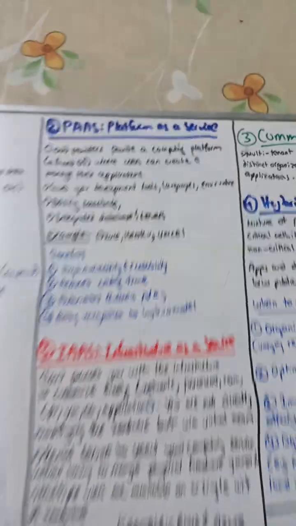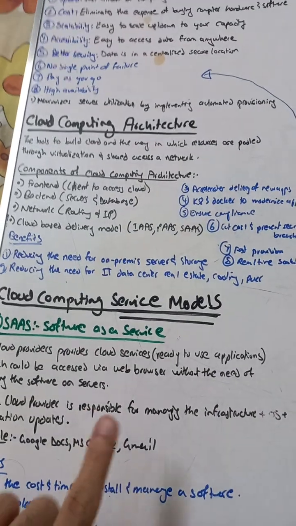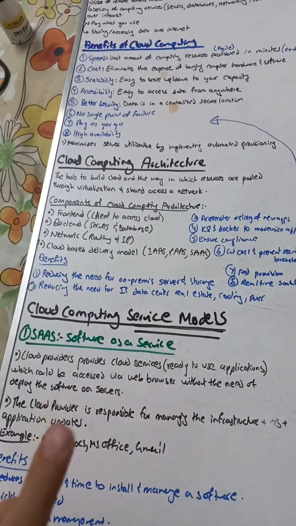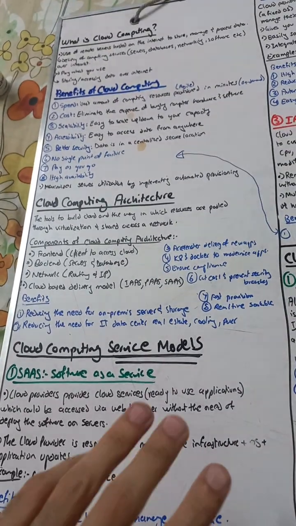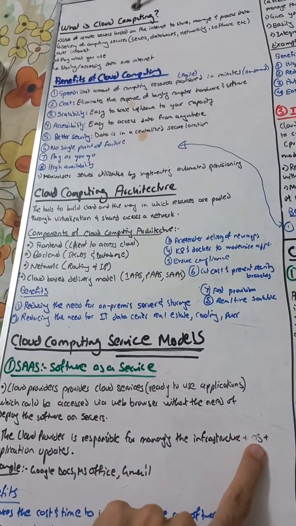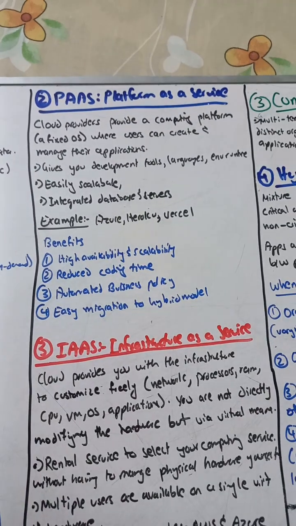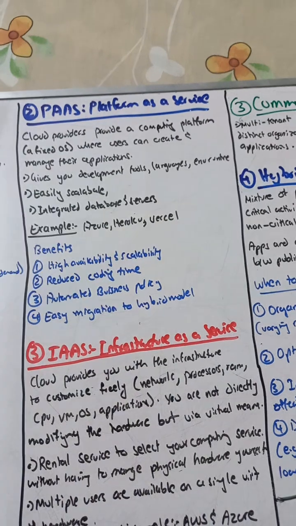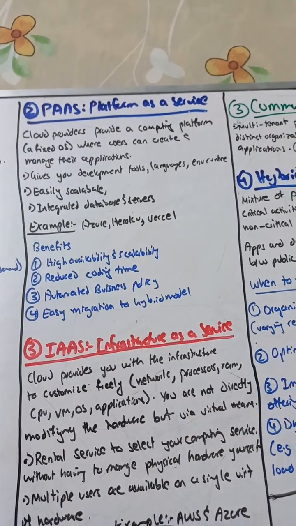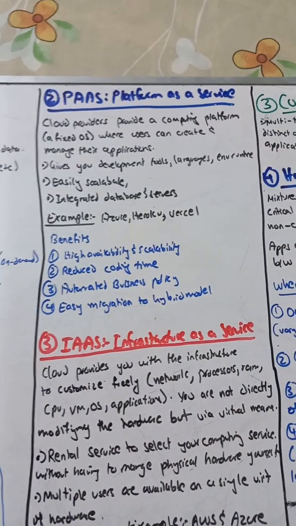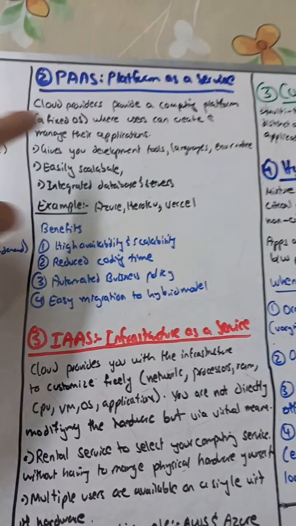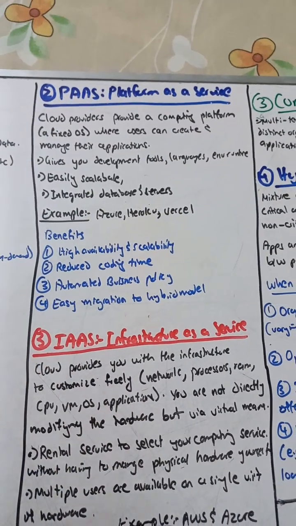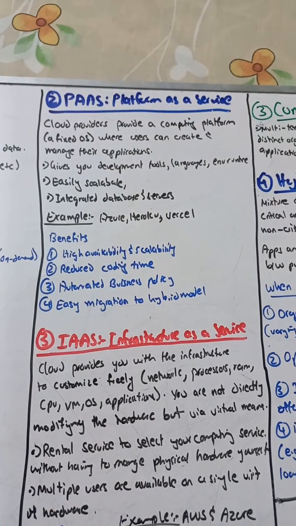Unlike before, where the cloud provider had access to the OS and the application, over here you're giving access to the application to the user. So cloud providers provide a computing platform, a fixed OS, where users can create and manage their applications. Now they can create their own applications in their own environment.